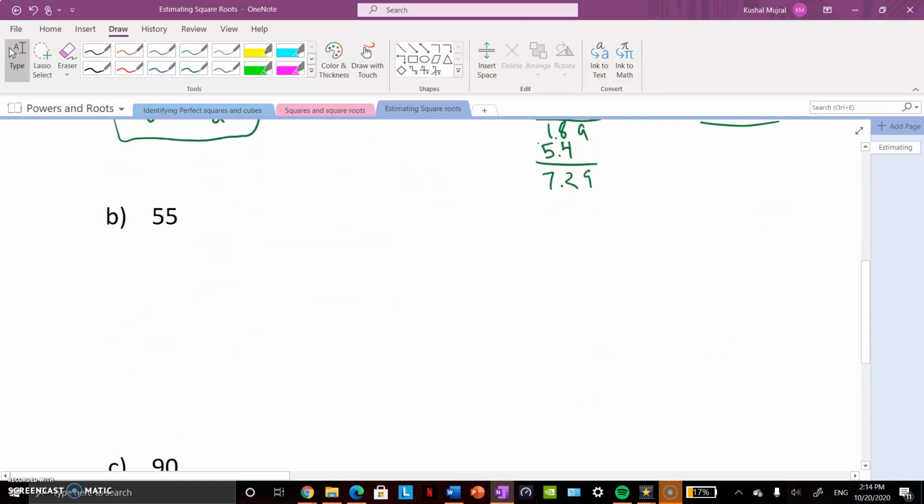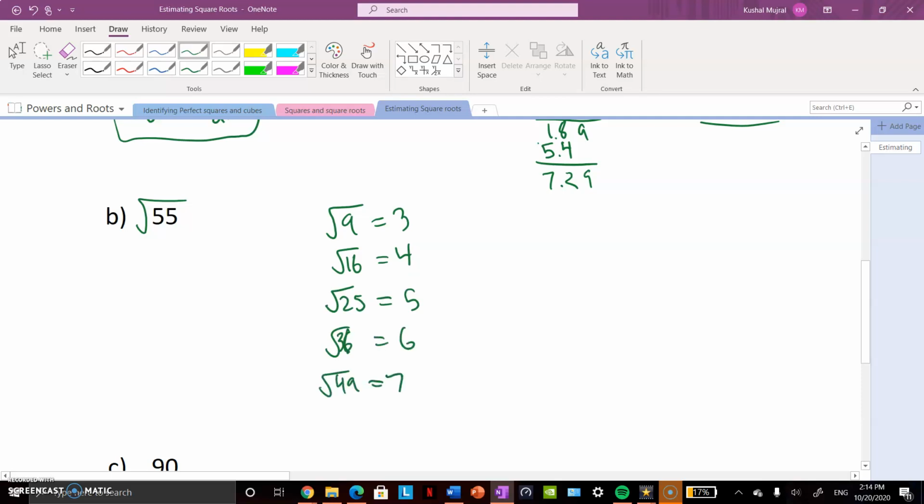So the square root of 55, now we know that the square root of 9 is 3, the square root of 16 is 4, the square root of 25 is 5, the square root of 36 is 6, the square root of 49 is 7, and the square root of 64 is 8. So this is going to be somewhere in between 7 and 8.